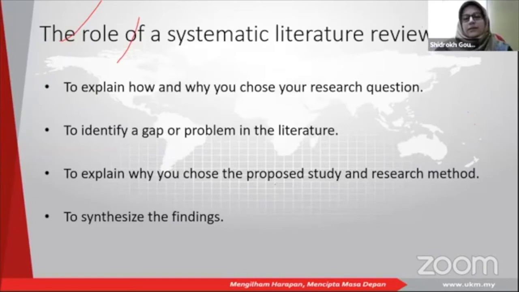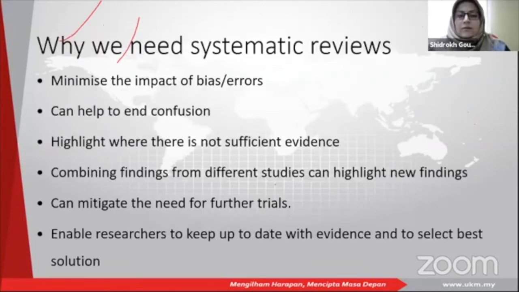The role of a systematic literature review is that you can explain your research question and you can identify the gap or problem. It is the main part of doing each research, finding the problem or gap of each study. Also, you can define and propose your new models based on your findings of SLR, and you can synthesize the findings.